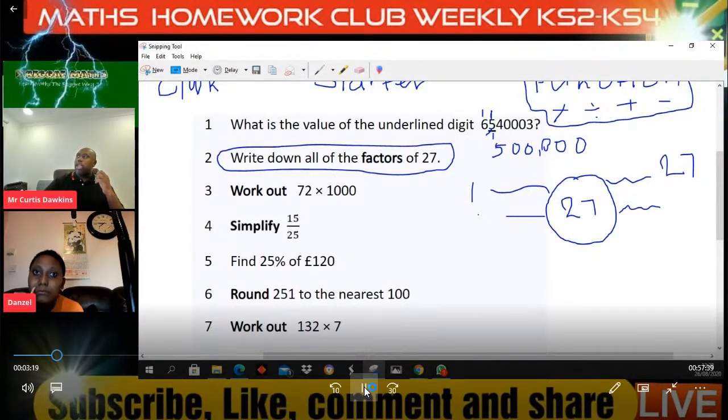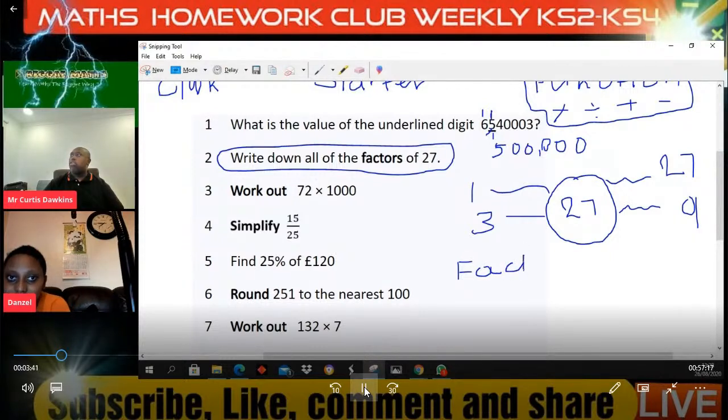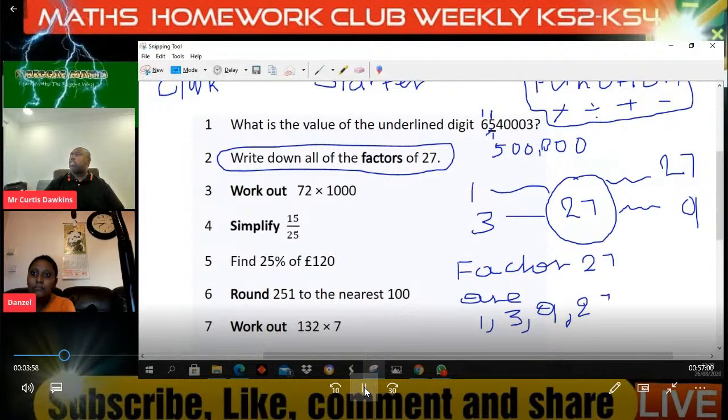I'll help you with that one. 3. 3 times 9 is what? 27. So the factors, write this down, you're going to come across this. Factors of 27 are 1, 3, 9 and 27.